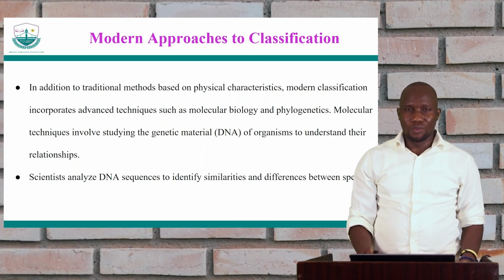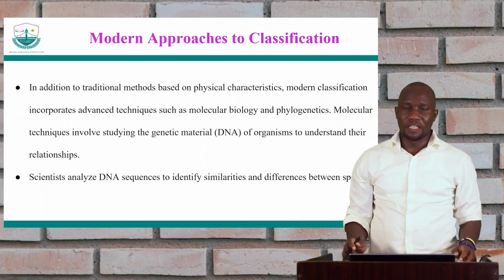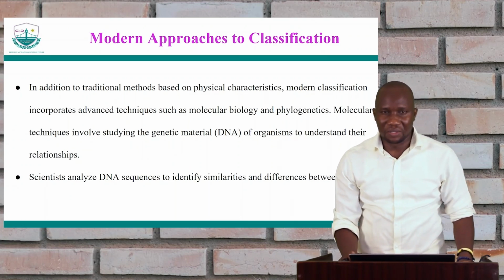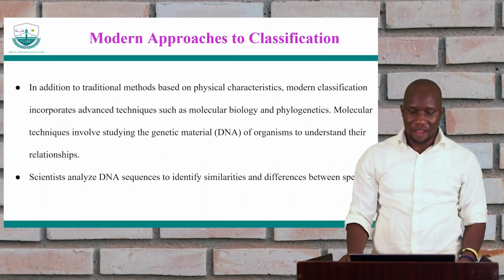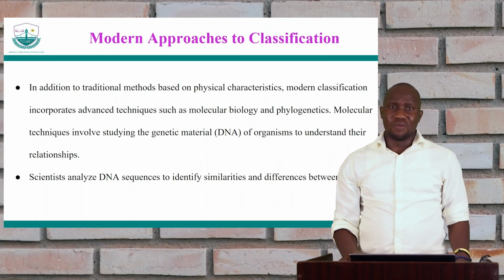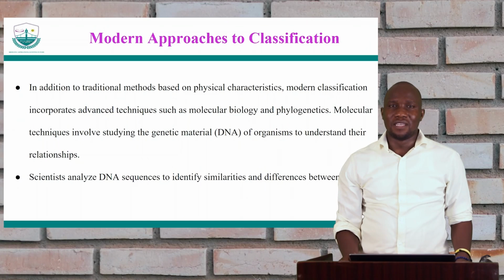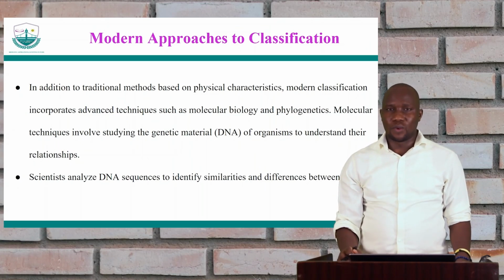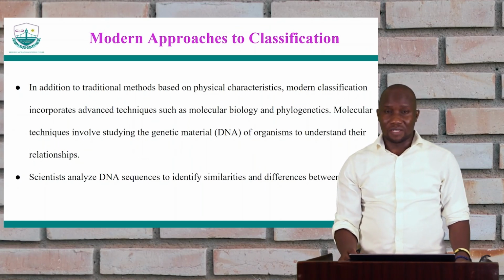We are in a position now to look at the makeup of organisms at a molecular or genetic level. So we are able to differentiate organisms based on what is in their genetic material, that is either the RNA or the DNA, that you will look at in your subsequent topics in biology.